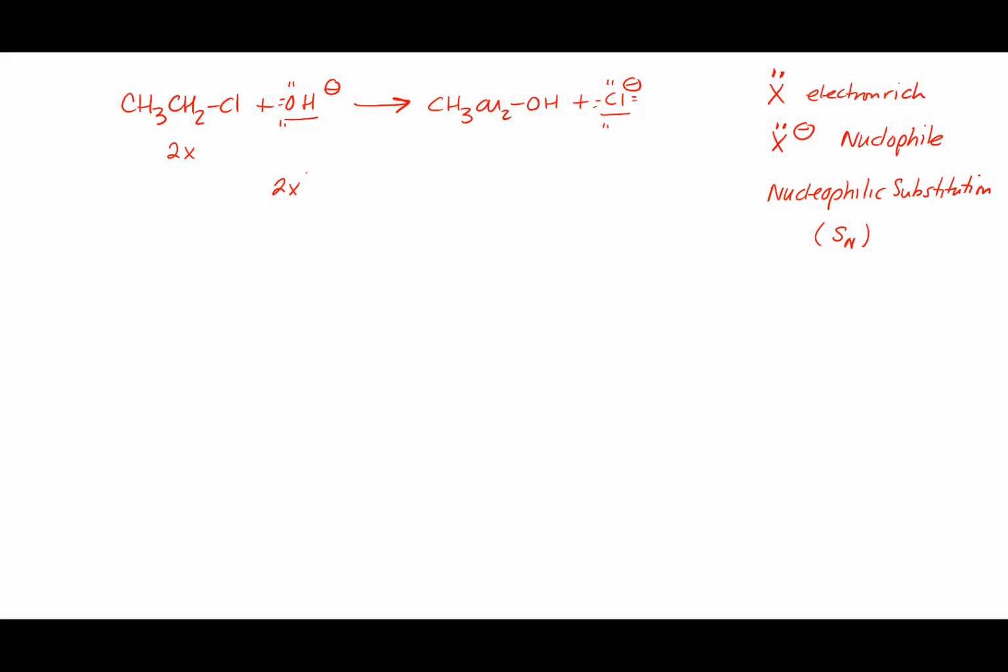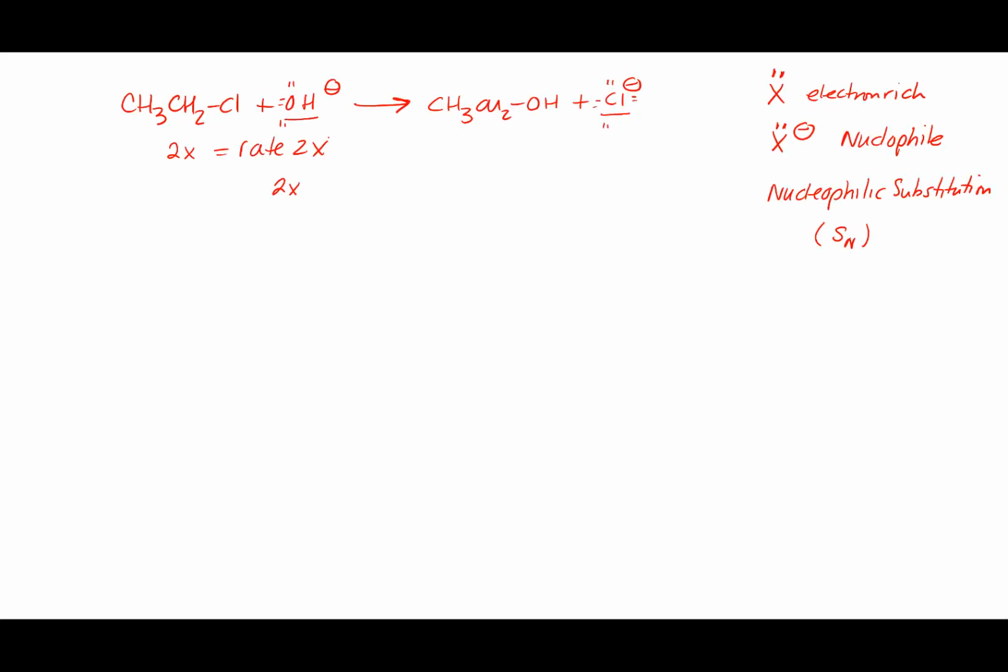And what they found was that when you doubled the concentration of the chloride, that caused the rate to double as well. And when they doubled the concentration of the hydroxide, the rate doubled as well.